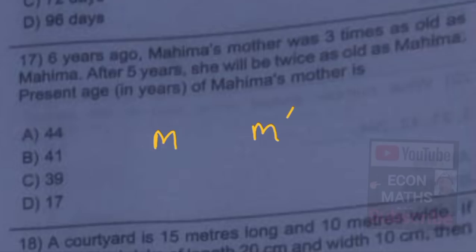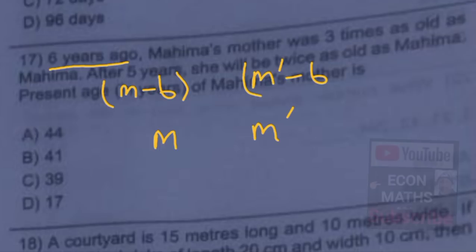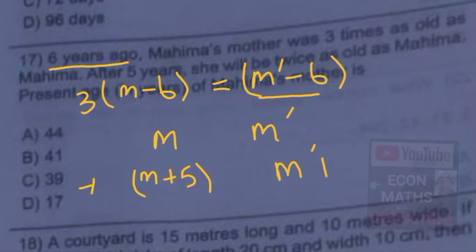So the question tells us 6 years ago, the age of Mahima would be M minus 6 and the age of Mahima's mother would be M dash minus 6, and the relationship between them 6 years ago is that the age of Mahima's mother is 3 times the age of Mahima.